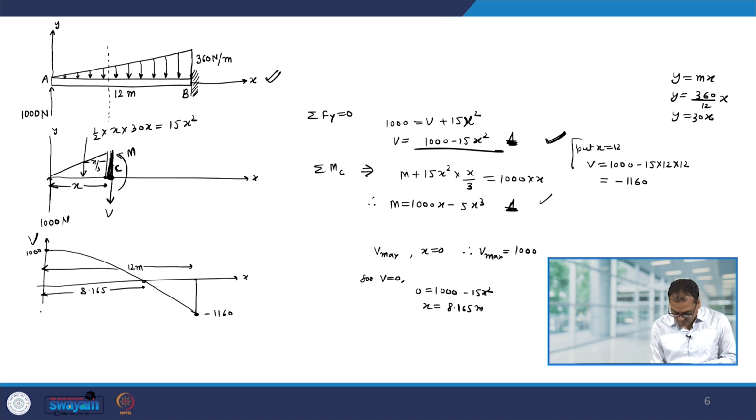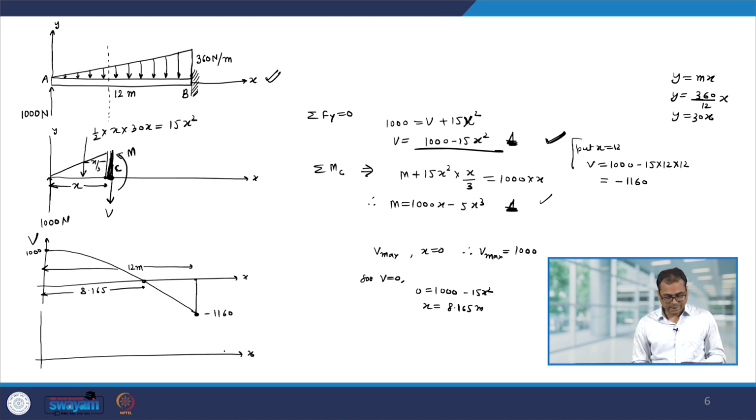Now, let us look at the bending moment diagram. So, this is our x axis, and because of the x minus ax minus bx cube term, the plot will be like that.